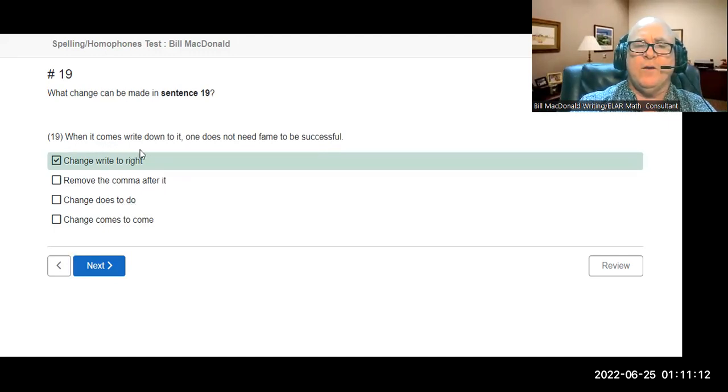"When it comes right down to it, one do not need to be famous to need fame." If you want to talk like a caveman, you could talk that way, but I don't think that's the right answer. Change "comes" to "come." "When it come right down to it." Nope. So the only one that works is right to right.